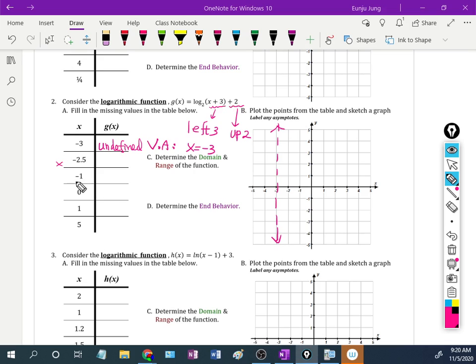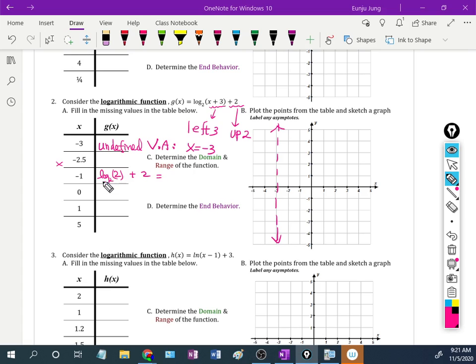How about negative 1? Can I plug negative 1 in here? Yep. If I plug negative 1 inside, negative 1 plus 3, that's log of 2 with the base 2, right? And then you add 2 after that. So what do I get?